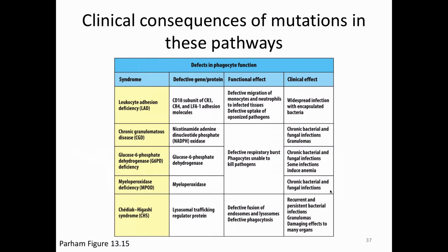But we can see issues in making many of these different enzymes, in trafficking of many of the enzymes involved in phagocytosis and respiratory burst, all of which will lead to patients having immunodeficiency and generally some kind of frequent bacterial infection. Again, sometimes it's a specific bacterial species. Some of these are a little more broad than the ones I told you about with complement deficiencies last time.